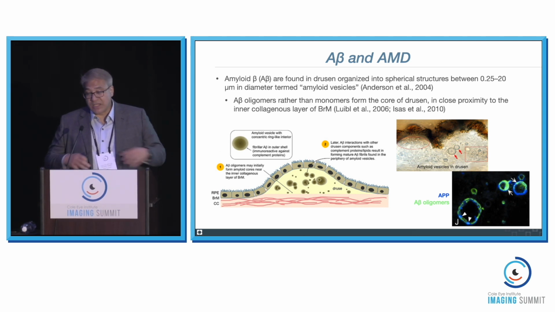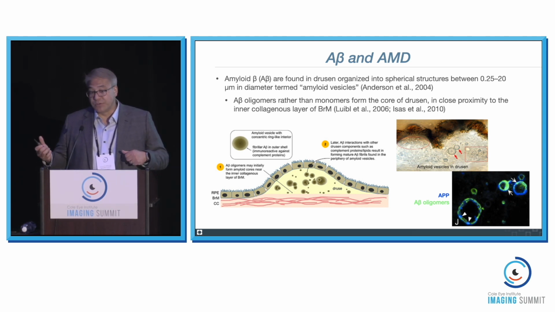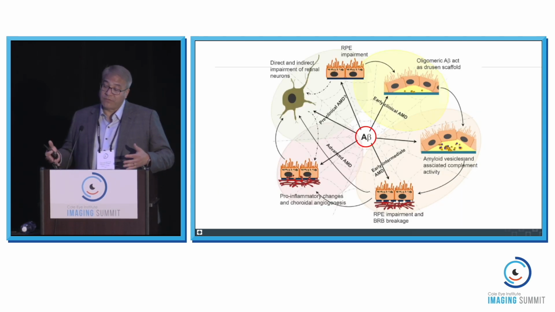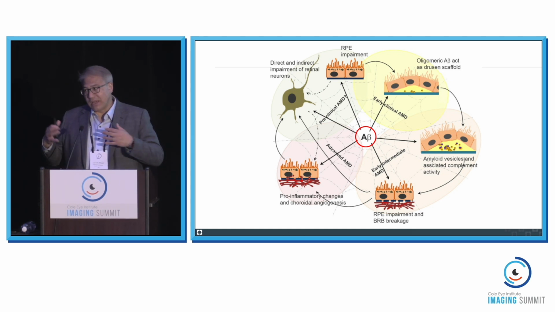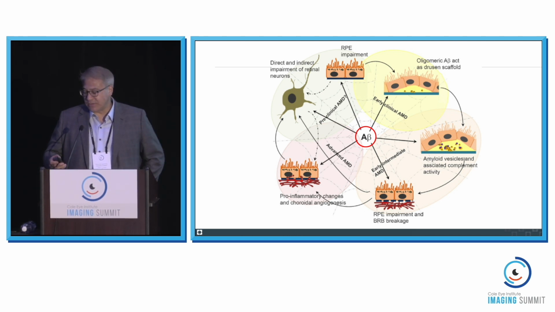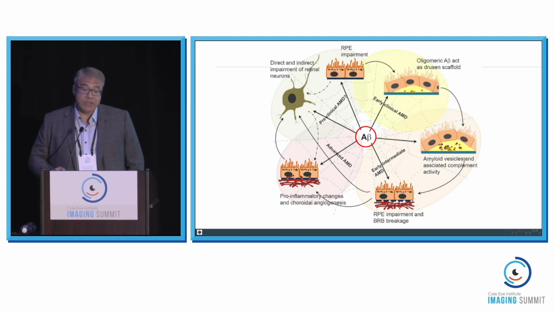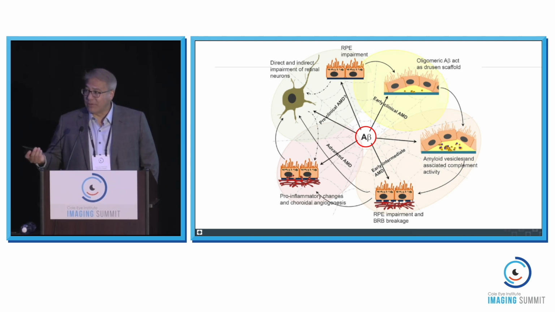So if you want a unifying theory of what may be one of the first problems, it's that these toxic oligomers build up in the drusen. Those are pro-inflammatory, so that activates the complement system. When you have a pro-inflammatory state, that also causes macrophages to polarize into an angiogenic mode, and that could lead to wet macular degeneration. So maybe beta amyloid is the place we need to really be attacking, not some of these other things.